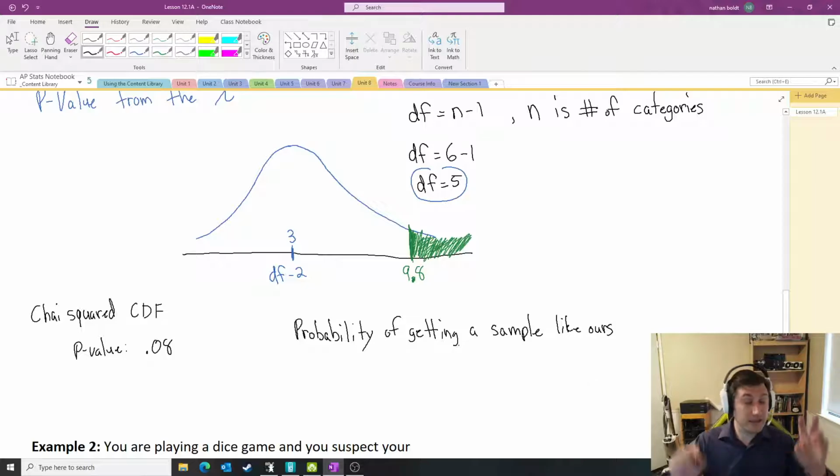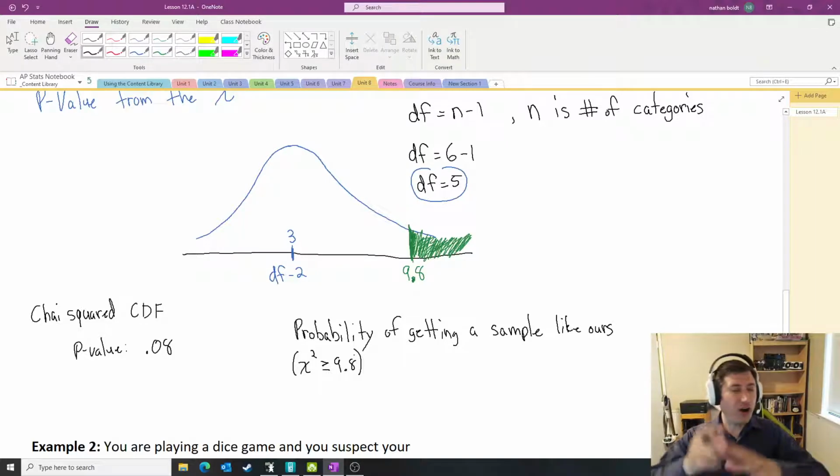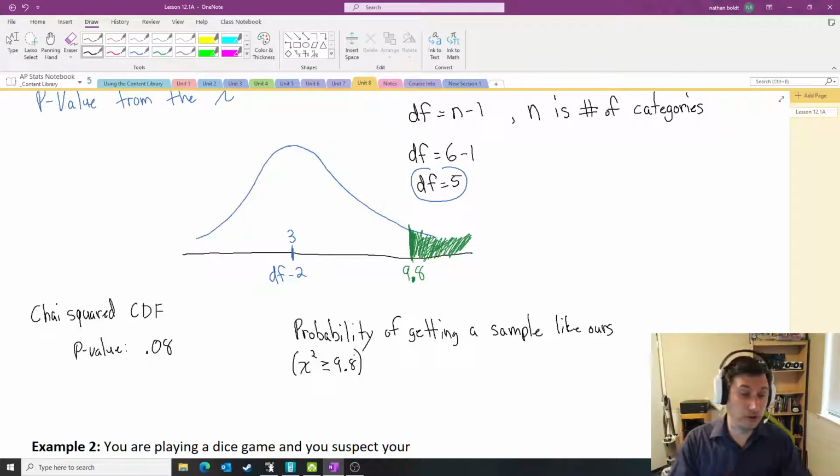When I say a sample like ours, the statistical translation is a chi-squared that is greater than or equal to 9.8. That's how weird our sample is, how far off the null or the expected value our sample of a chi-squared of 9.8 is.